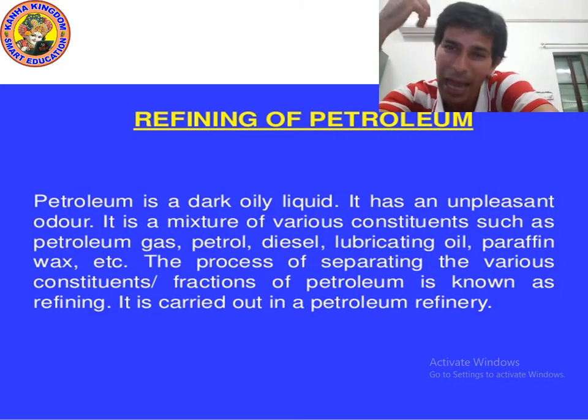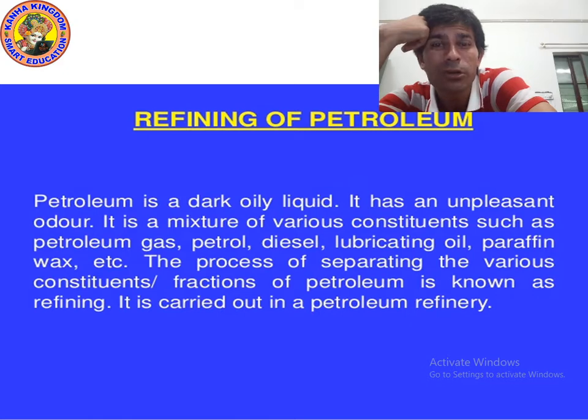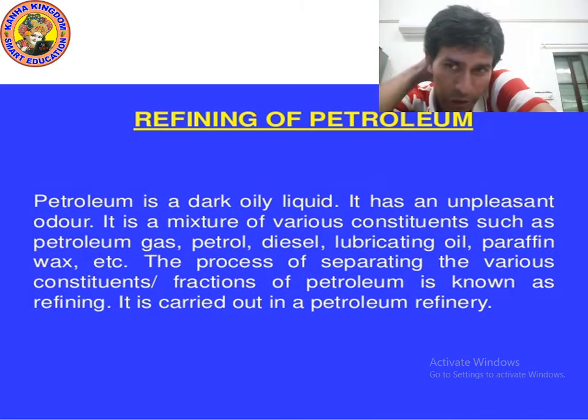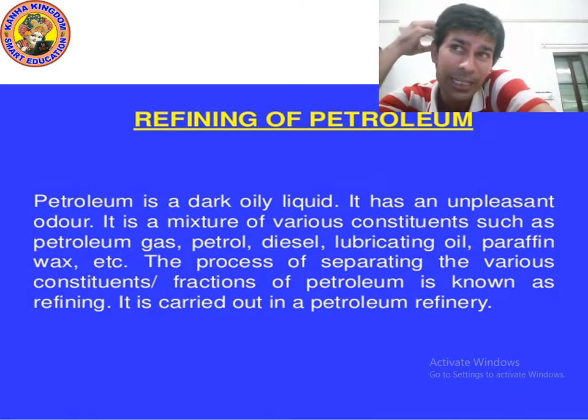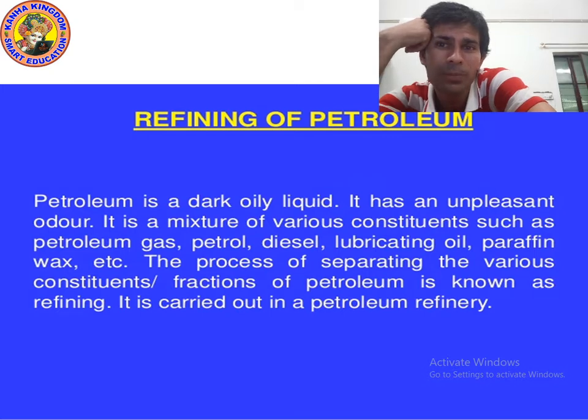The process of separating the various constituents of petroleum is known as refining. When you try to separate petrol, diesel, gas, lubricating oil, paraffin wax, the process we use is known as refining.